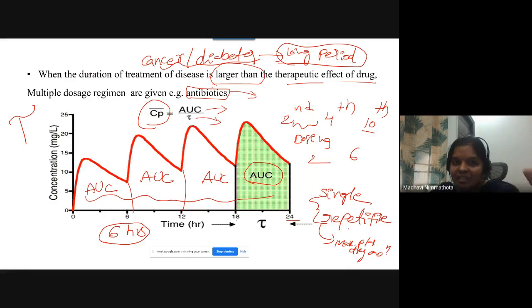The only difference is whether our illness is of a short period of time or a long period of time. Based on the illness, we can select which drug to give. Then you have to make it a multiple dosage regimen, that is, repetitive administration. Then you can calculate the dosage by using this equation.